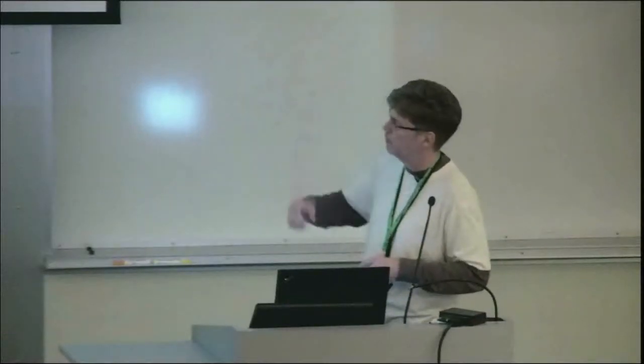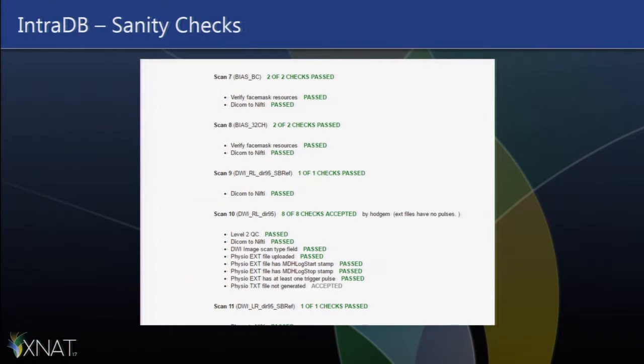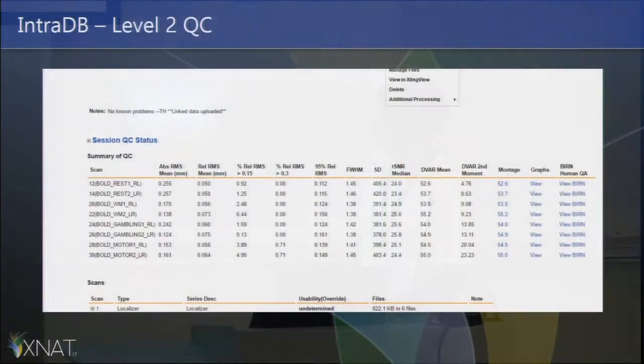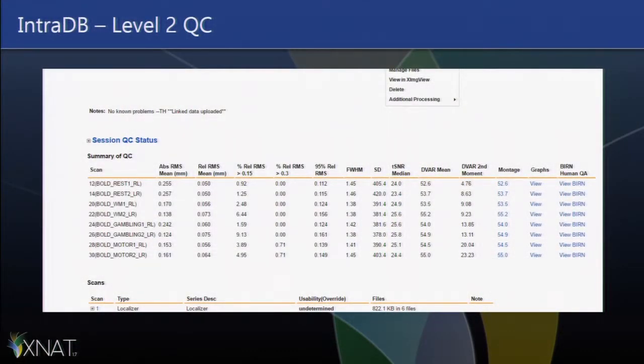This is an interface where you can accept checks if we basically can't get at the data, but we want to verify that everything's passed before we go. This is the QC report, and Mohana's worked on the QC pipelines for the HCP project.